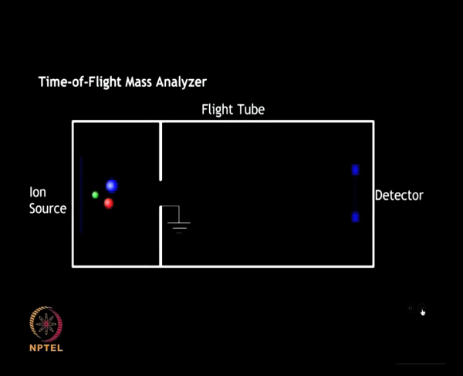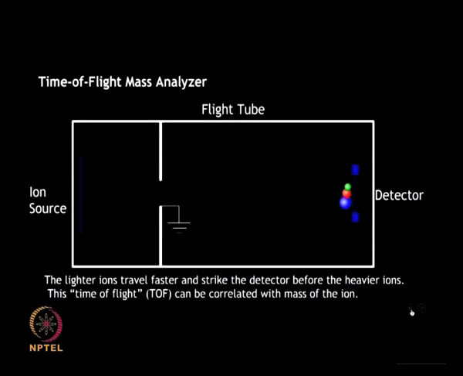In case of small molecules, this mode usually provides sufficient resolution. The generated ions are accelerated towards the detector, with the lighter ions travelling through the TOF tube faster than the heavier ions.